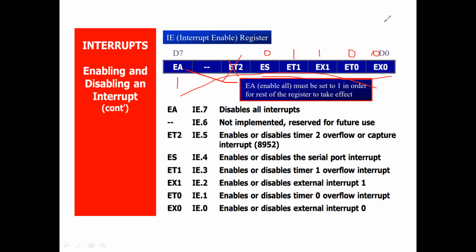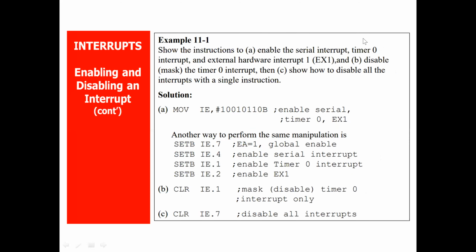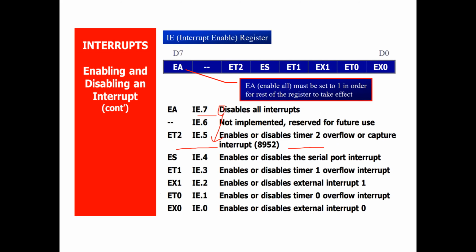Always you can put FF so that all the interrupts are enabled. This is a bit addressable register, so you can set the corresponding bit. That is the global enable, which means we are enabling all the interrupts. In this way, you can enable serial communication.